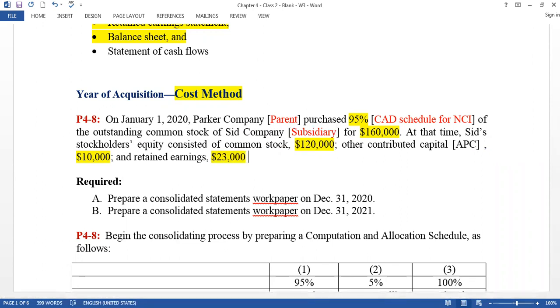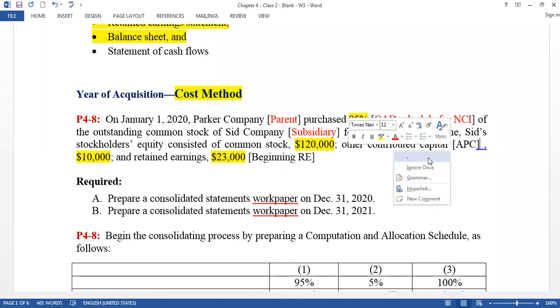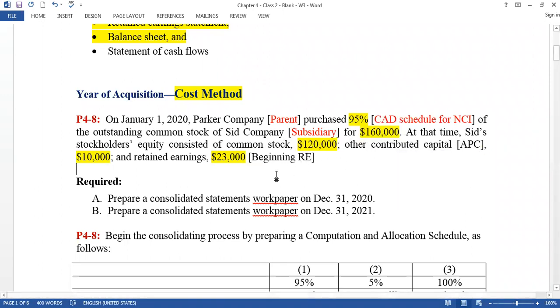Don't forget that this is the beginning retained earnings, because later in the question you also have to calculate the ending retained earnings. But we have to eliminate the beginning retained earnings, so this number is important.